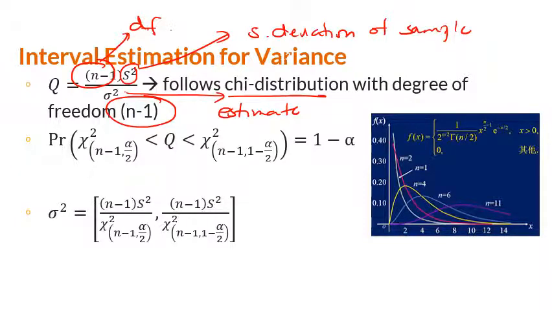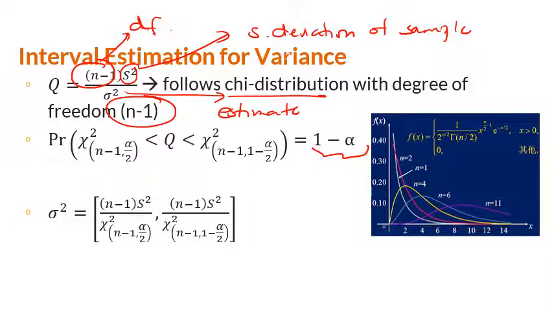So the probability of your q at a level of confidence of 1 minus alpha is given by this. So probability of chi-squared. So take note, your chi-squared function is dependent on your degrees of freedom, n minus 1. So n minus 1 and then alpha over 2.